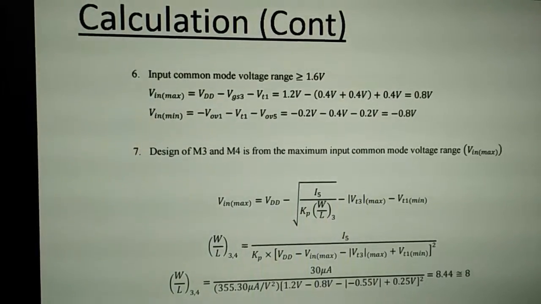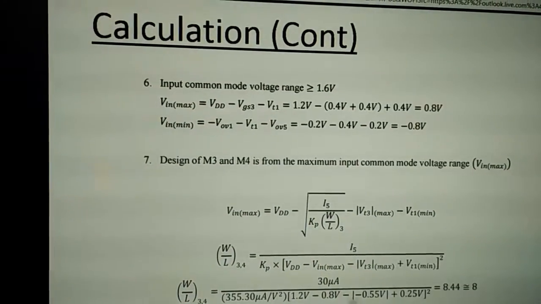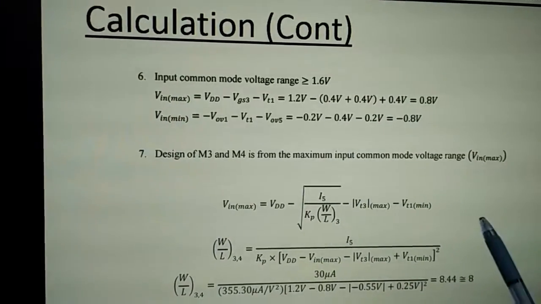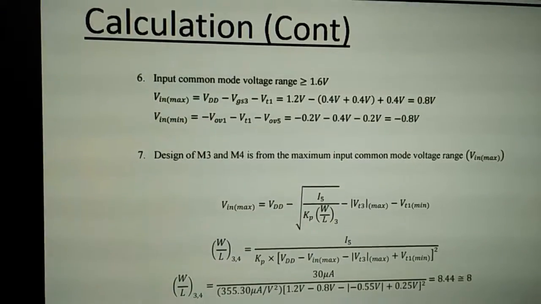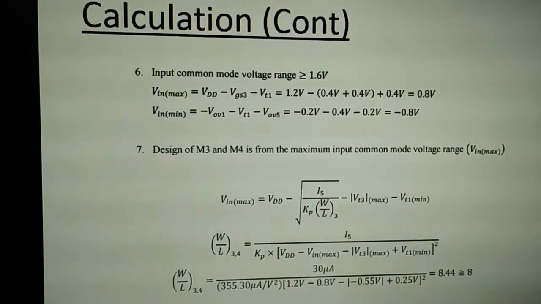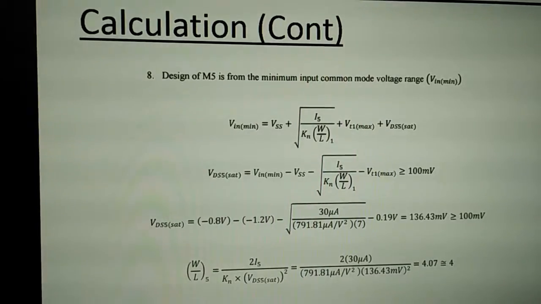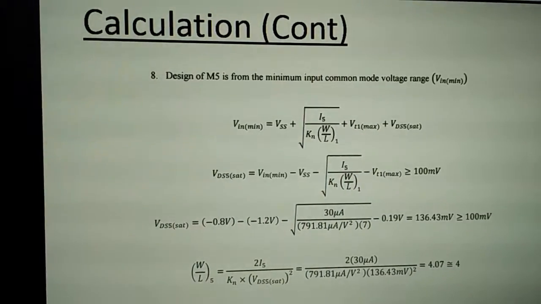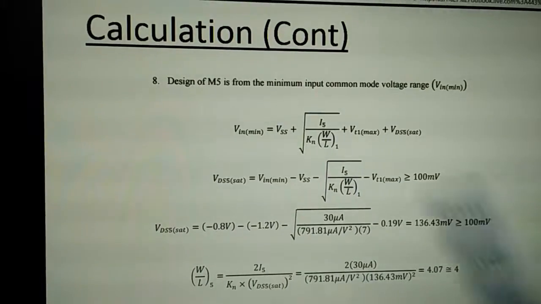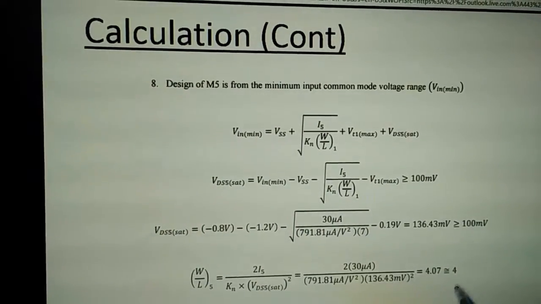We design them from the maximum input common mode voltage range, which is Vin max equal to VDD minus these equations, and finally we get 8.44, which is approximately 8. For M5, it is derived from the minimum input common mode voltage range, Vin minimum, and from the equations we get approximately 4.